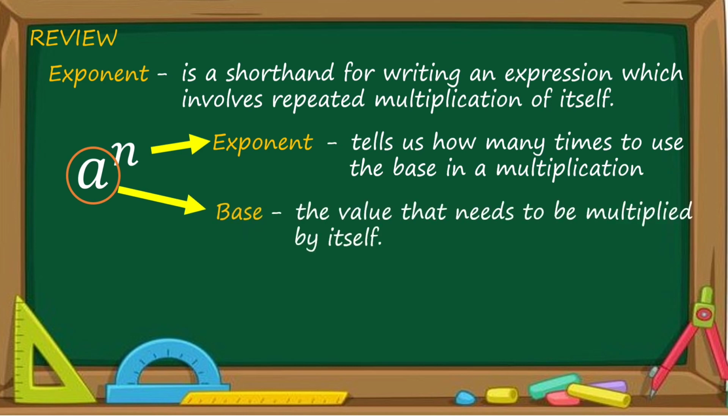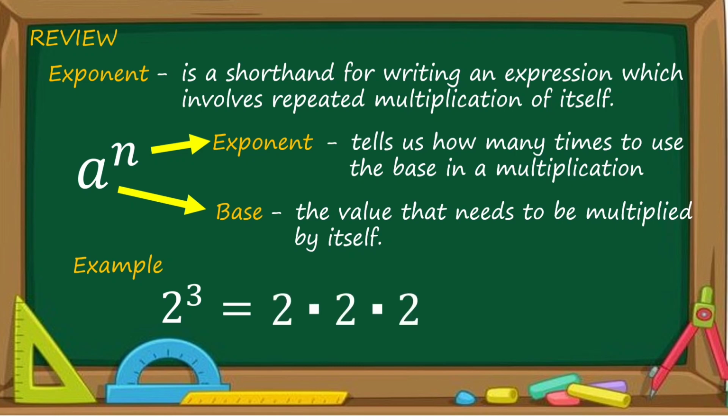It is the value that needs to be multiplied by itself. Let's say, for example, 2 raised to 3. That means 2 times 2 times 2, which will give us the value of 8.